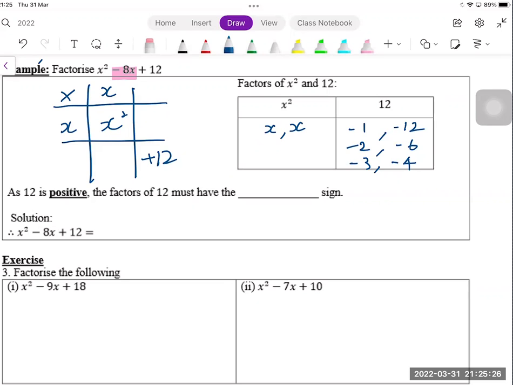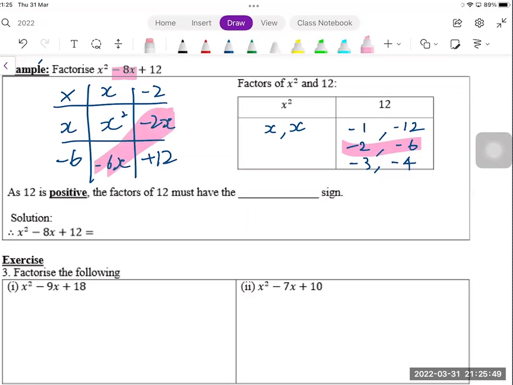With this, I can get my negative 8x. I can write down negative 2 here, negative 6 here. So I get negative 2x, negative 6x, which gives me my negative 8x.